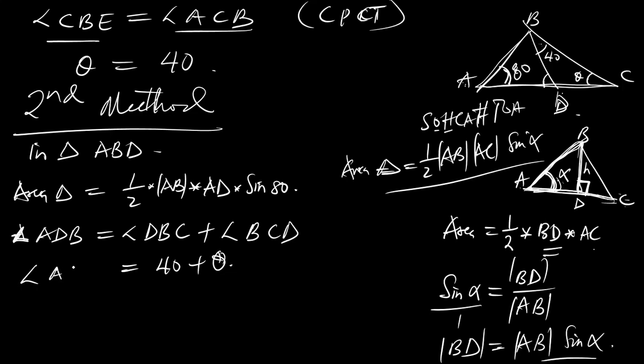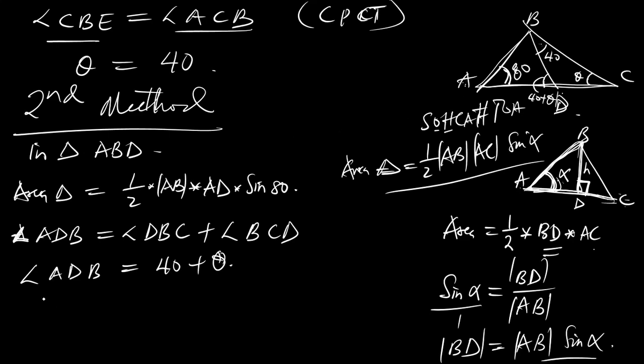So angle ADB is 40 plus theta. Now using that same angle to also find that same area in triangle ABD.